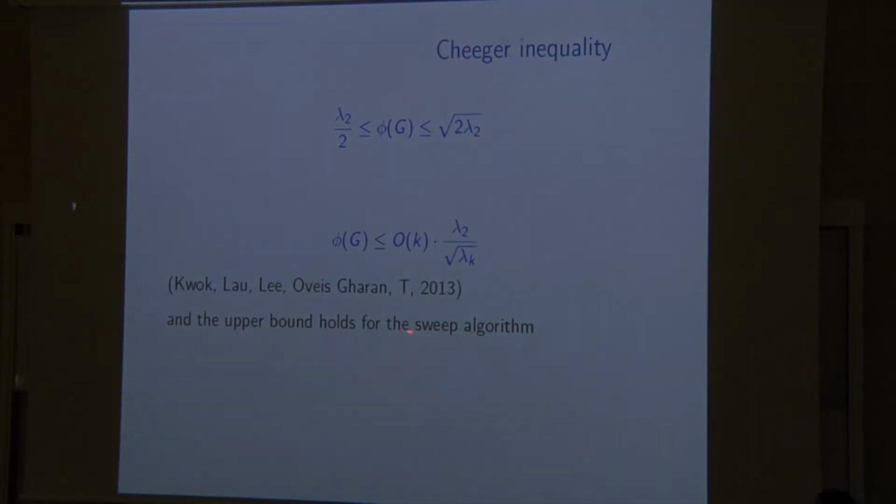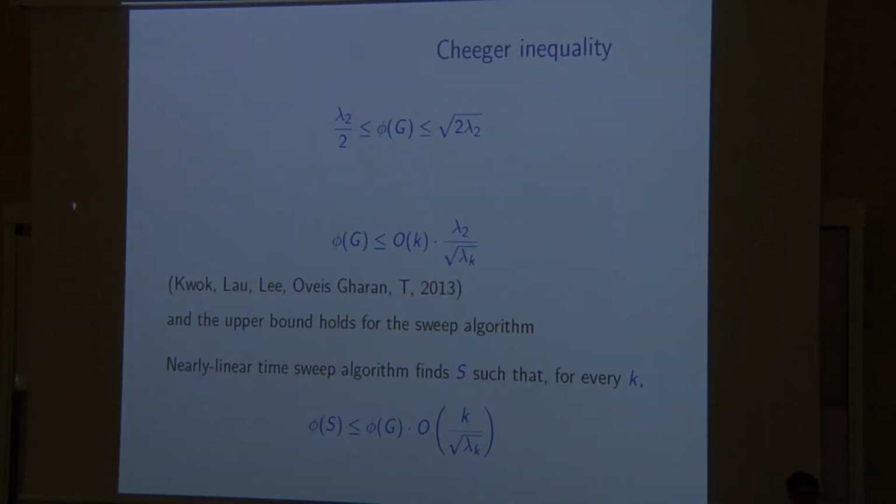So in general, this minimum over k of k over root lambda k, you can think of as some kind of graph parameter. In some cases, it's not something very good, but in some cases, something very good. And in particular, it explains the behavior of some random models. So this will be, in general, the approximation ratio of the sweep algorithm.